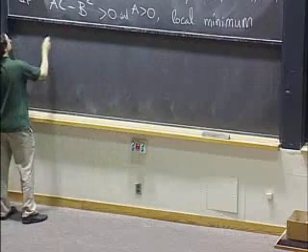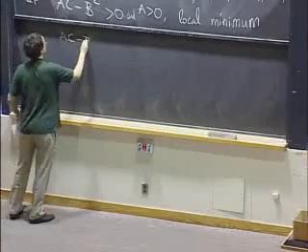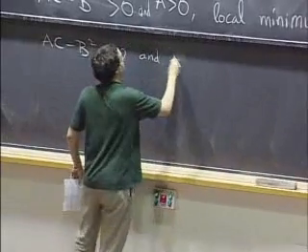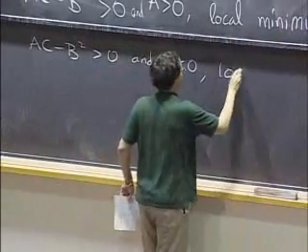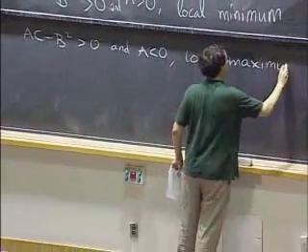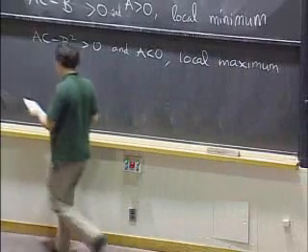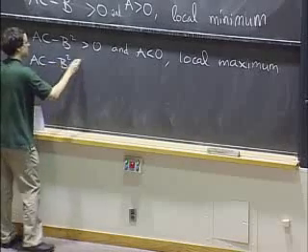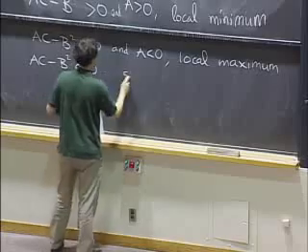The second case, so still if AC minus B squared is positive, but A is negative, then it's going to be a local maximum. And if AC minus B squared is negative, then it's a saddle point.